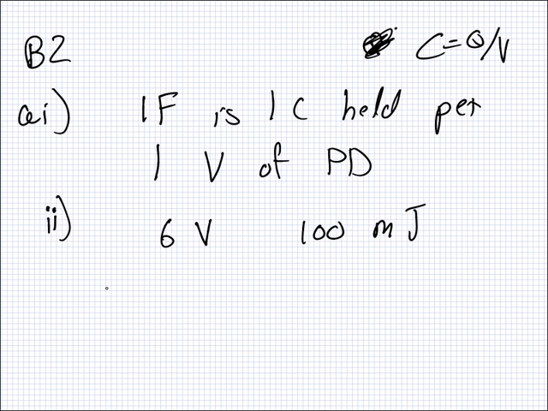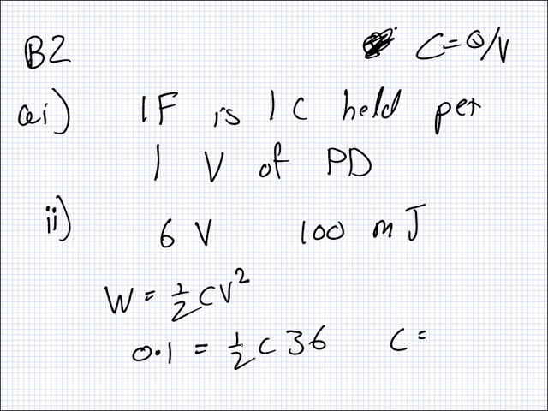Okay. So we have the formula work equals a half CV squared. So you have 0.1 equals a half C times 36. So C would be 0.1 over 18.